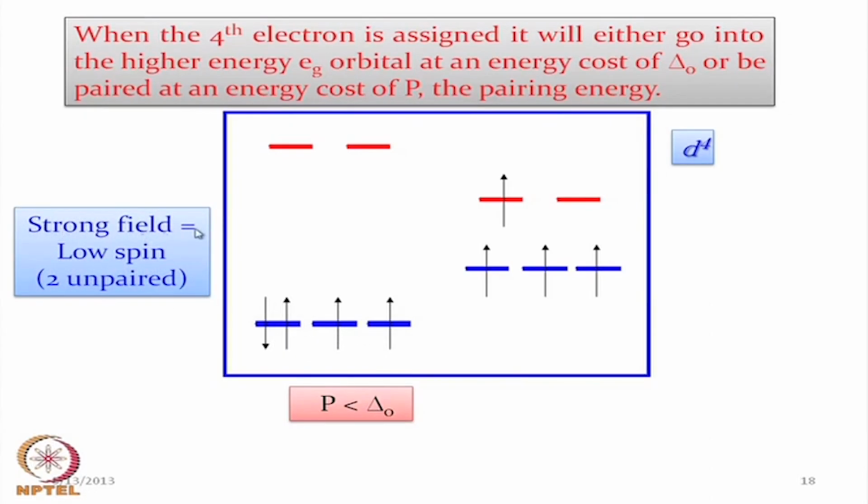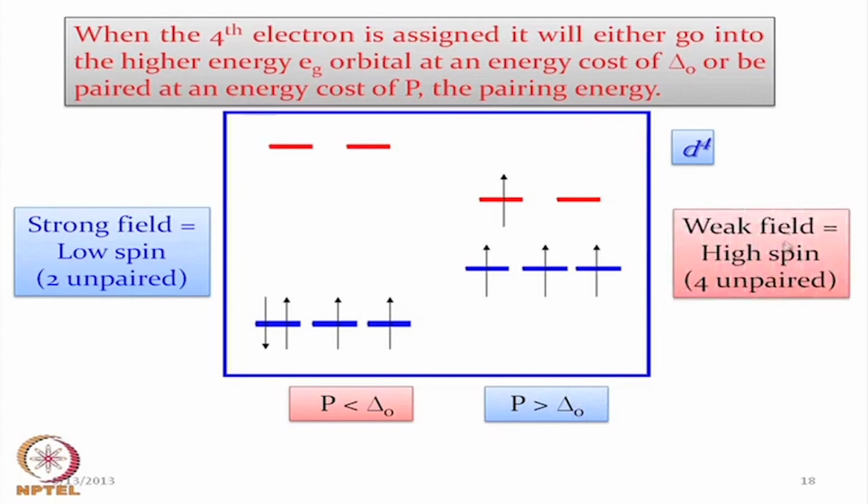It is a strong field situation, with only 2 unpaired electrons. And when P is greater than delta octahedral, we get the weak field or high spin situation with 4 unpaired electrons. We can write it in these two forms, P relative to delta octahedral or delta octahedral relative to P, but we should be careful which way we are writing and how we are dealing with the strong field and weak field situations by looking at the number of electrons in these two levels.